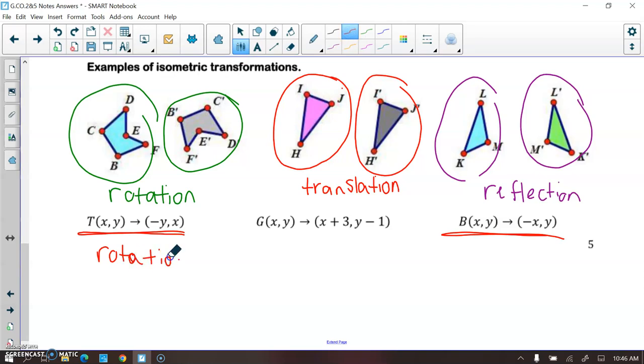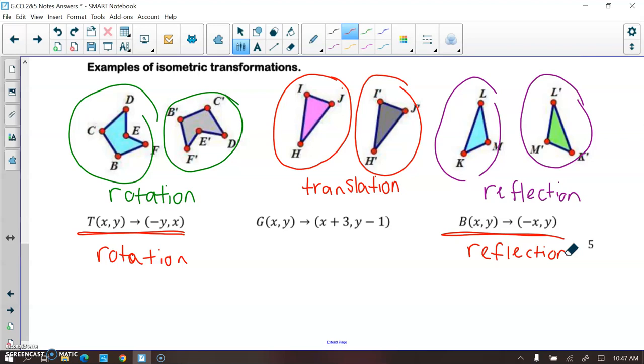But this is a rotation and this is a reflection. They look kind of similar in terms of what happened. But you will have to know how to do a reflection, how to do a rotation, and how to determine whether mapping notation represents a rotation or a reflection or a translation.